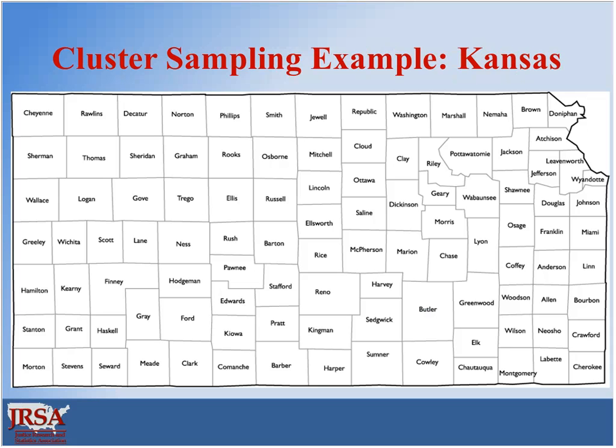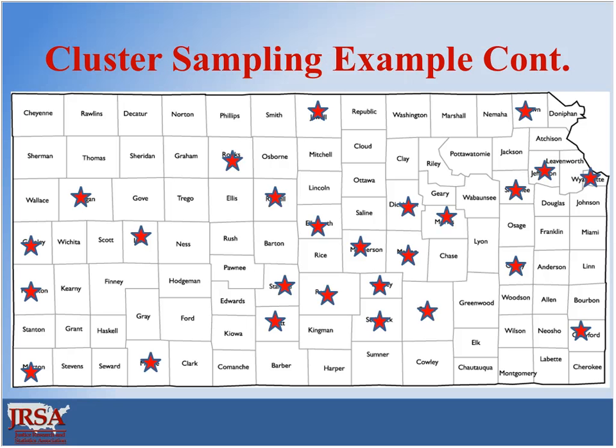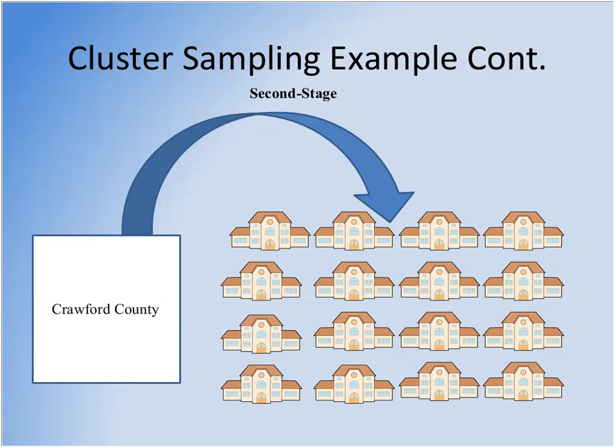Use the random number generator to then produce 26 numbers that help you identify the counties that will be selected. And I did this, and here are the 26 counties that were selected from my random selection process. So that would be phase 1. Here, for cluster sampling, you can continue to a second stage.